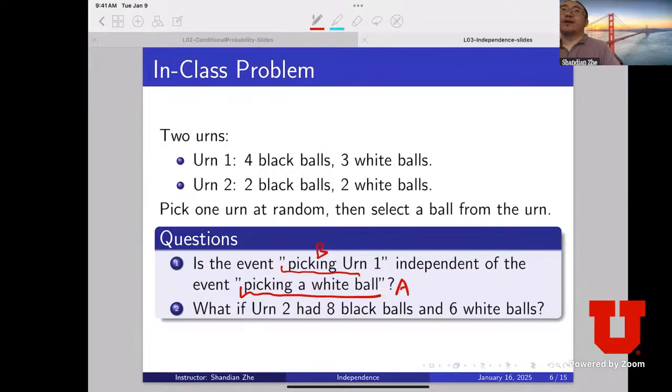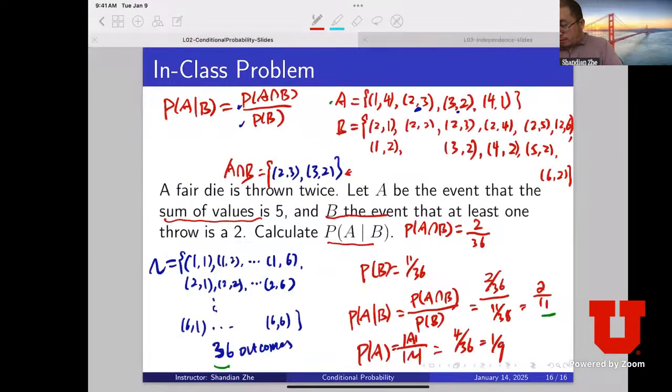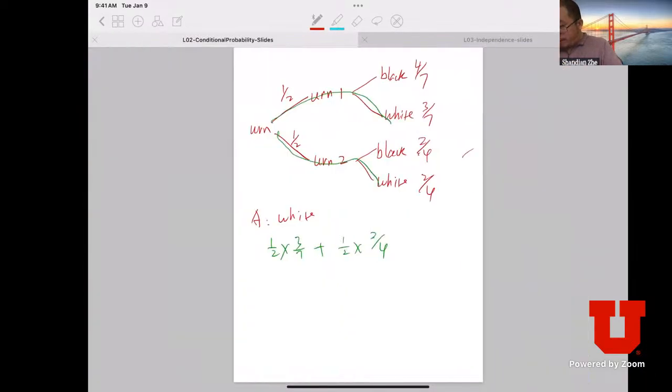Again, use the definition. We want to check if the marginal probability of A equals the conditional probability of A given B. If they're the same, that means whether B happens or not has nothing to do with A. We have already computed P of A. This is how we compute P of A. Here we have to do a little bit of a tedious job, just adding those numbers together.